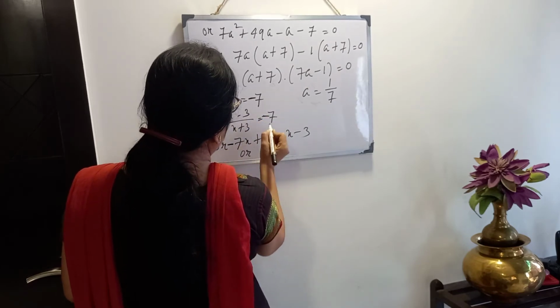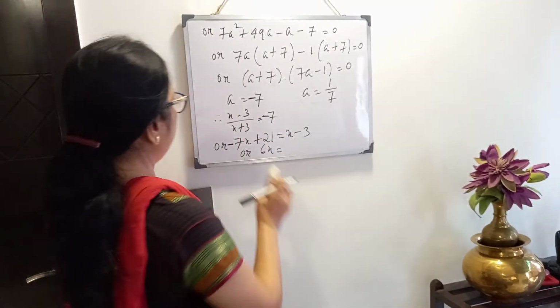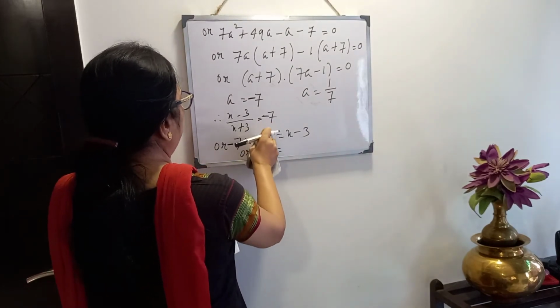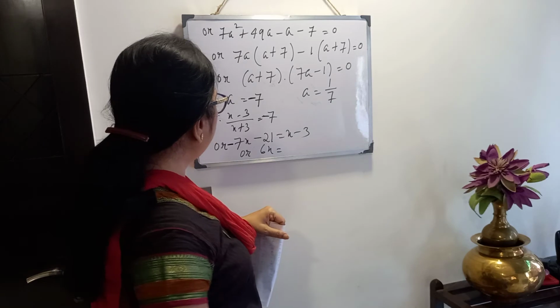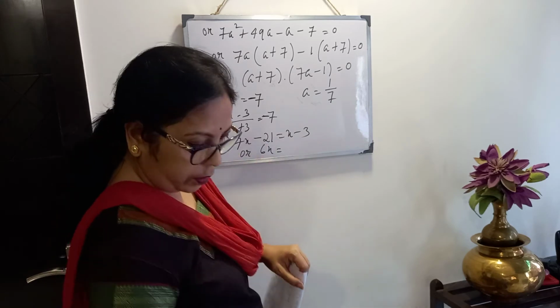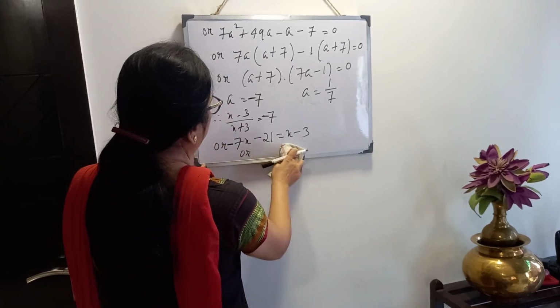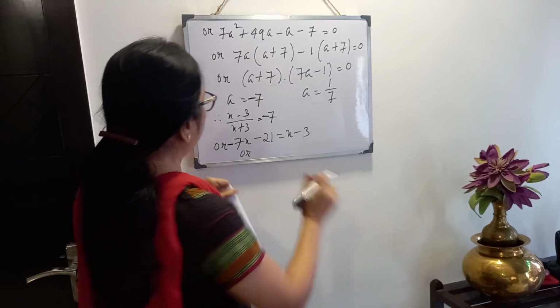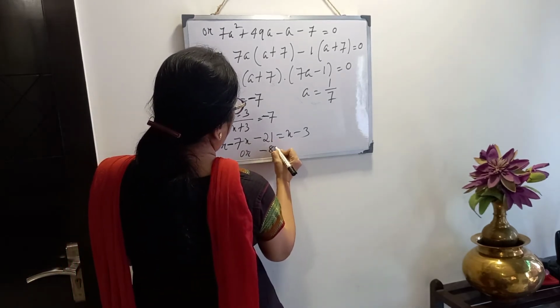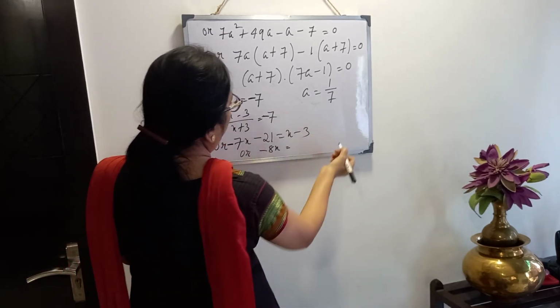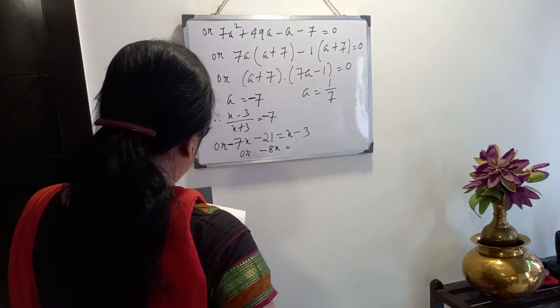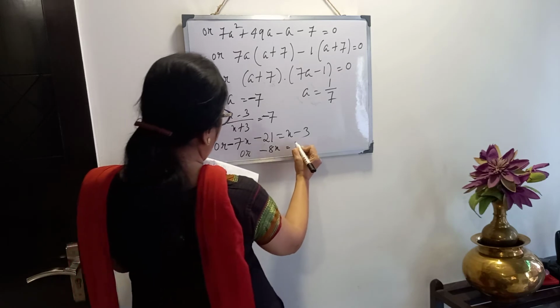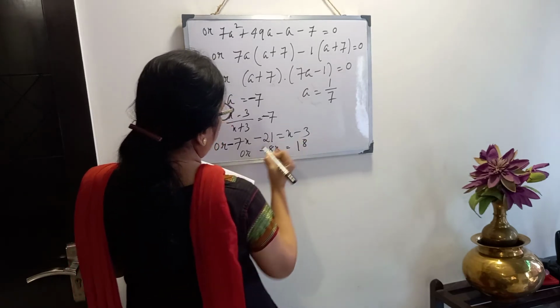So minus 7x and minus 21. So minus 7x minus x, it will become minus 8x. Minus 8x equals to 21 will go that side, 21 minus 3, that means it is becoming 18, clear, 18.